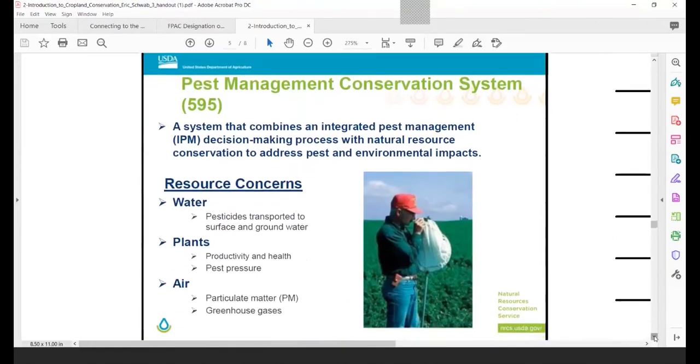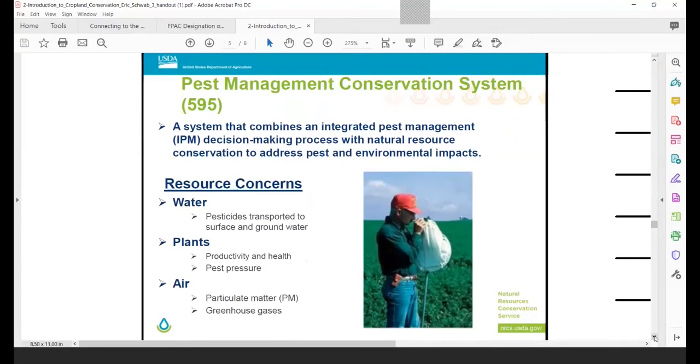Pest Management Conservation Systems, 595. That one is a hard one for me to say because this is a relatively new standard. It was released the same time as the 590. I have the new name now that we brought this up. It used to be Integrated Pest Management, but now it's Pest Management Conservation Systems.